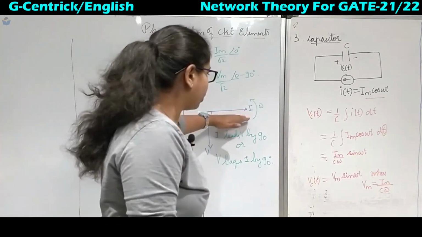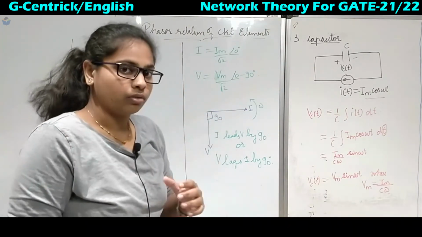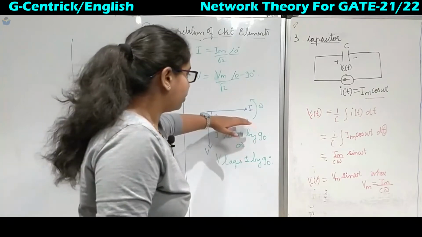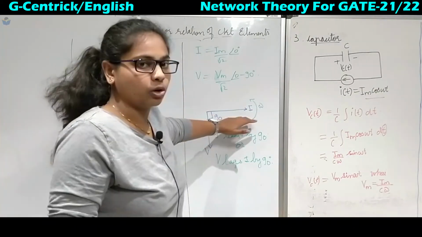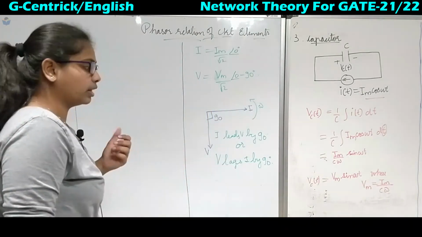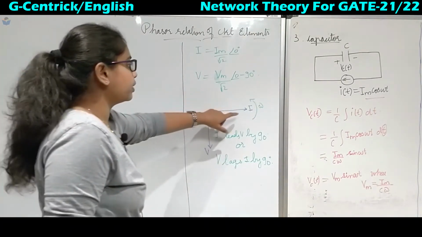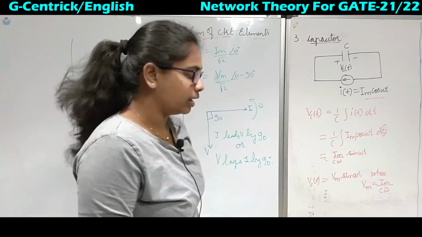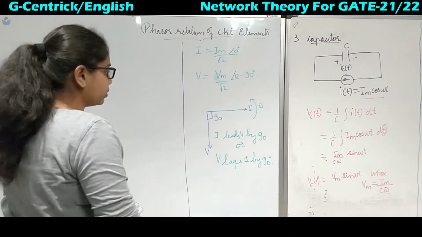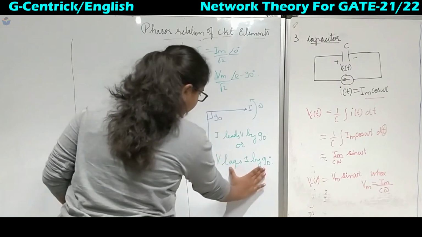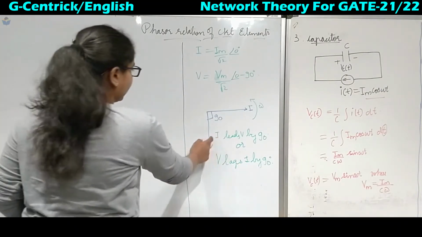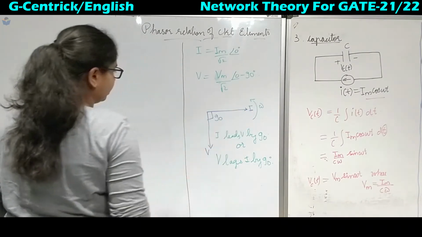So whenever we draw the phasor diagram, we can either take voltage or current as reference, but we will take voltage as reference because it will be constant in the practical application, as it will not vary in the parallel. So what is the varying quantity we have? That is current I. So basically we will be taking voltage as the reference, or with respect to voltage we will define these sentences. So this is nothing but I leads V by 90 degrees.